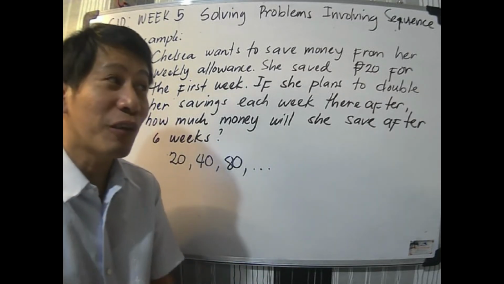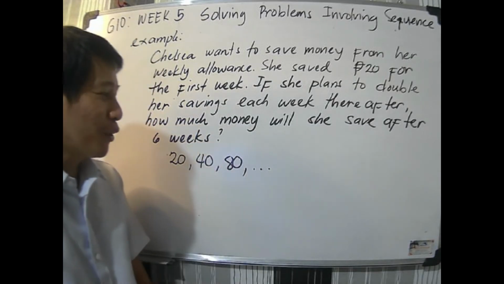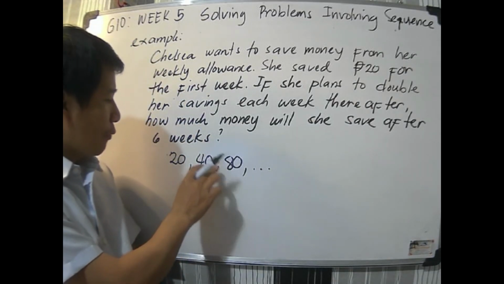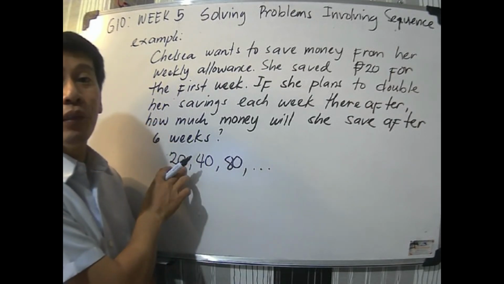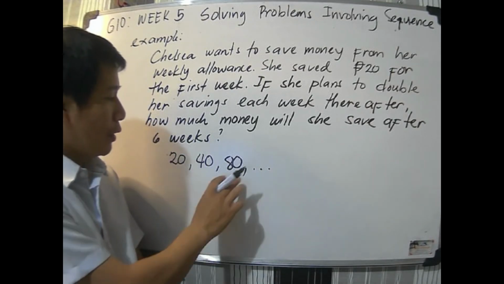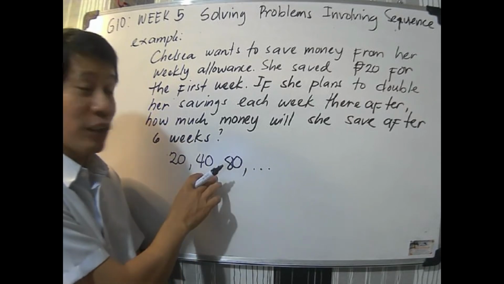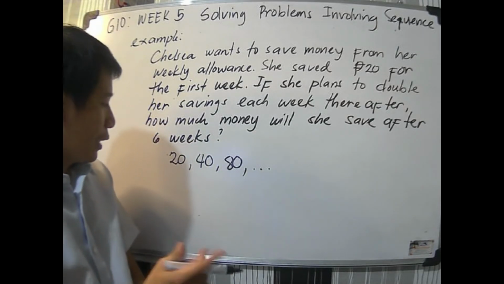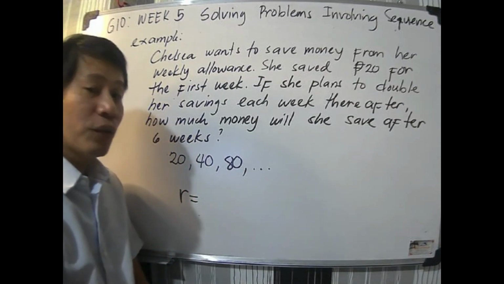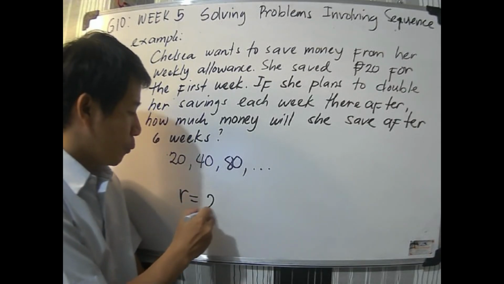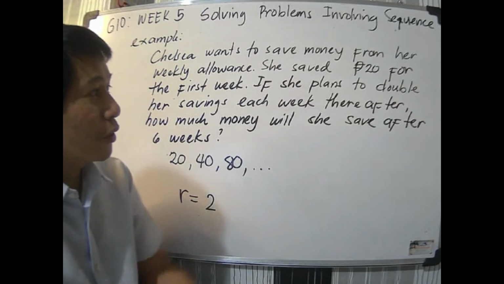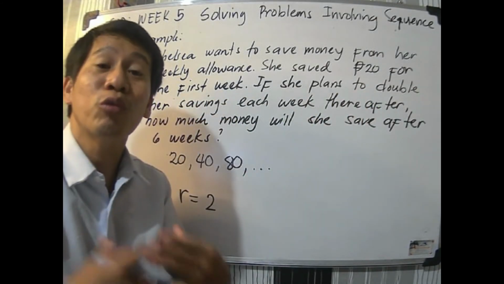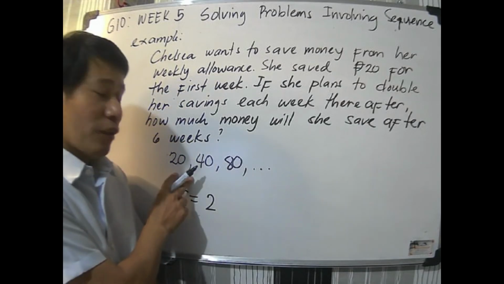Okay, tingnan natin kung ito ba ay geometric sequence. So, let us see. Let's get the common ratio. 40 divided by 20 is 2, right? And then 80 divided by 40 is 2. So, what does it mean? There is a common ratio which is 2. Okay? Actually, yung term na double, that means multiplying by 2 or 2 times. Okay?